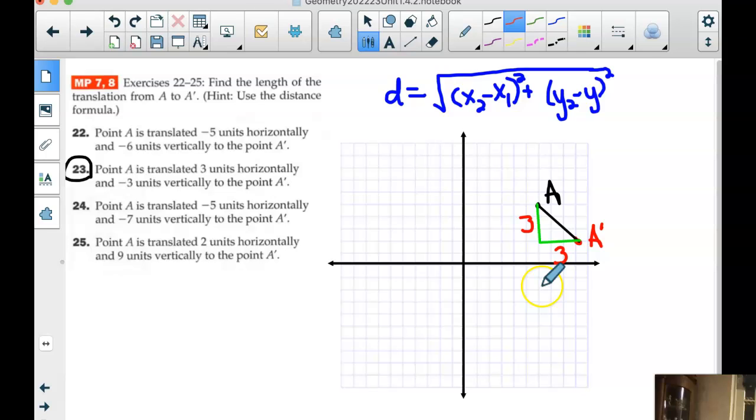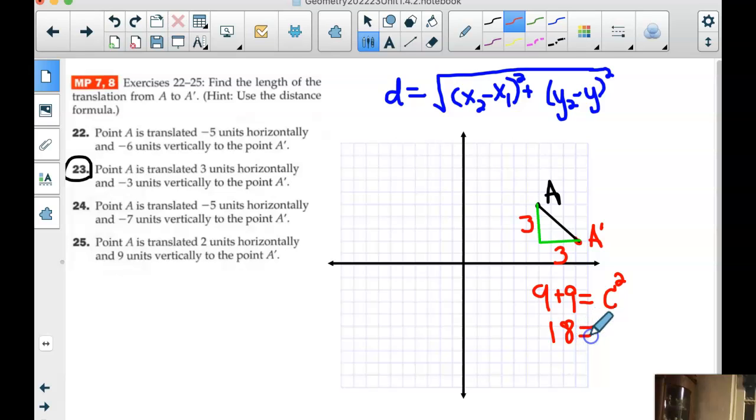So we have 9 plus 9 equals c squared. And then 9 and 9, of course, is 18. The square root of 18.